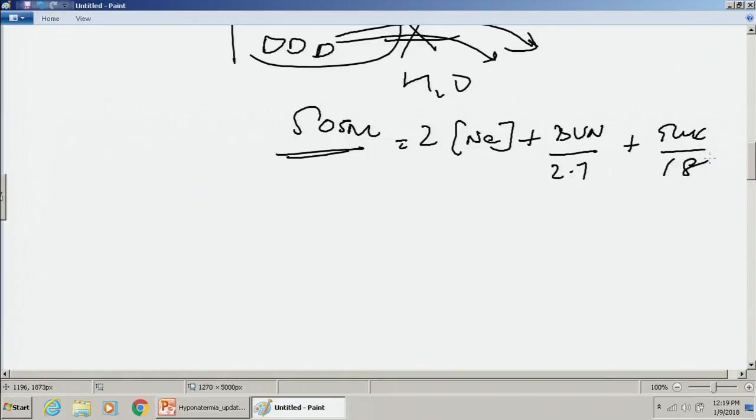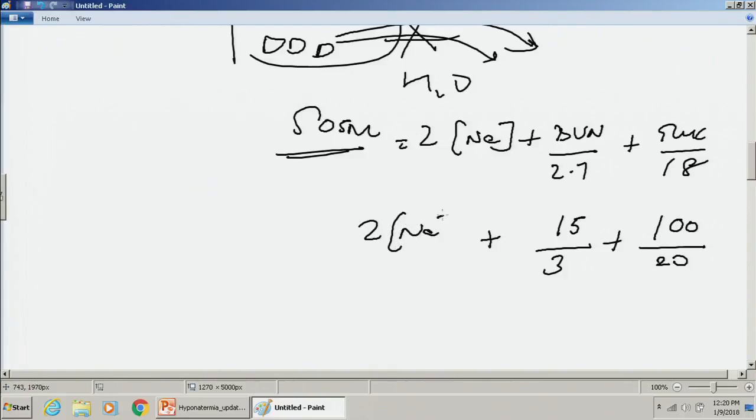That is how we calculate serum osmolarity, because we believe these 3 things contribute to it. Now, the normal BUN is about 15, okay? And can I round off 2.7 to 3? Okay? And normal glucose is about 100, and I'm going to round off 18 to 20, just to make my calculation easier, and twice the sodium concentration. So this gives me 5 points, 5 points.